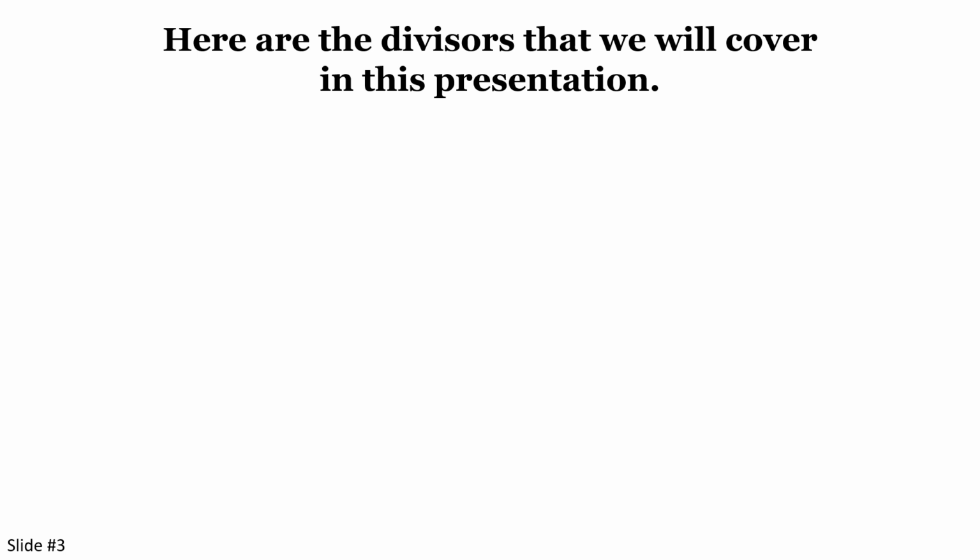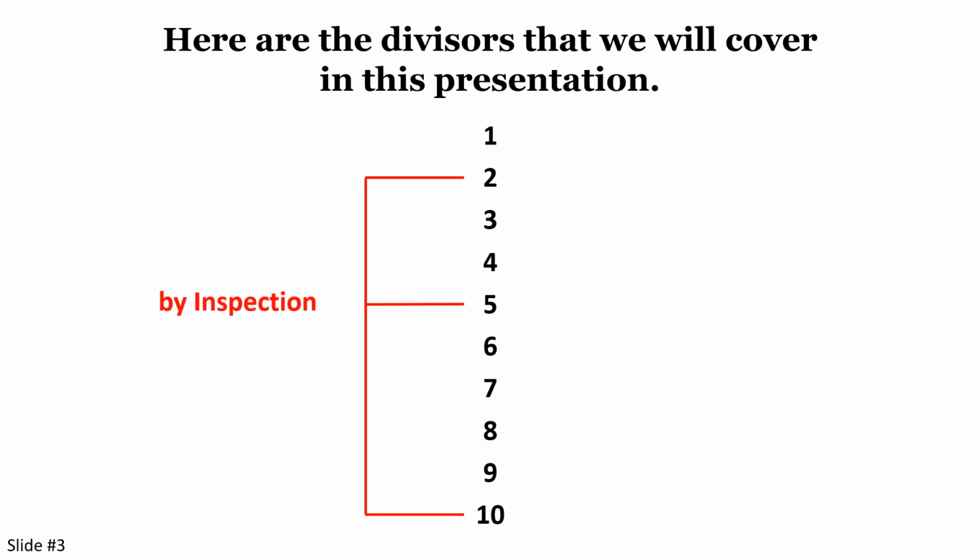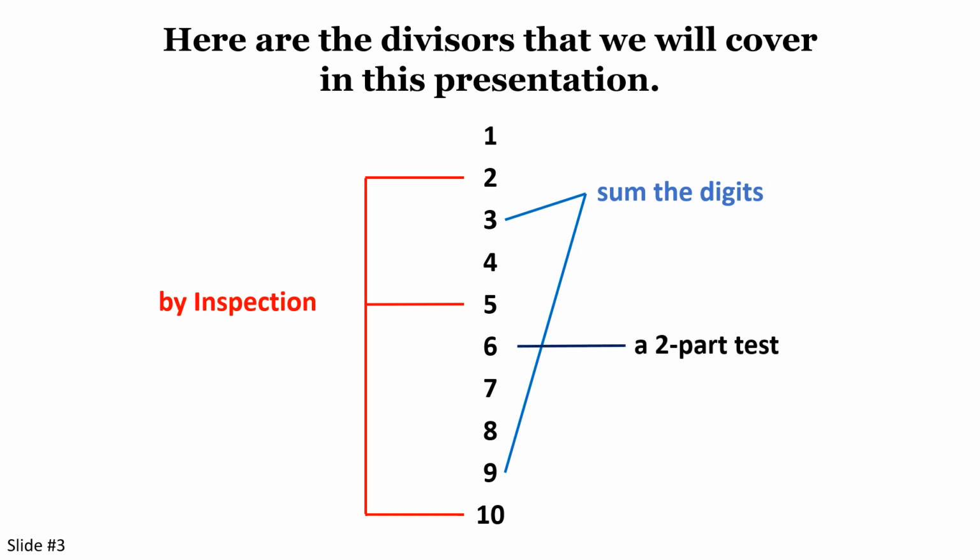Here are the divisors that we will cover in this presentation: 1, 2, 3, 4, 5, 6, 7, 8, 9, and 10. 2, 5, and 10 are by what I call inspection. 3 and 9, we sum up the digits. 6 is a two-part test. 4 has a special rule. 8 is a similar rule to 4.